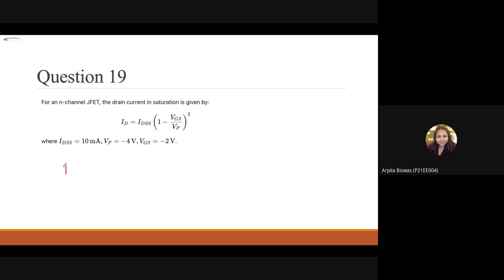Already here the equation is given. So ID is IDSS into 1 minus VGS by VP.